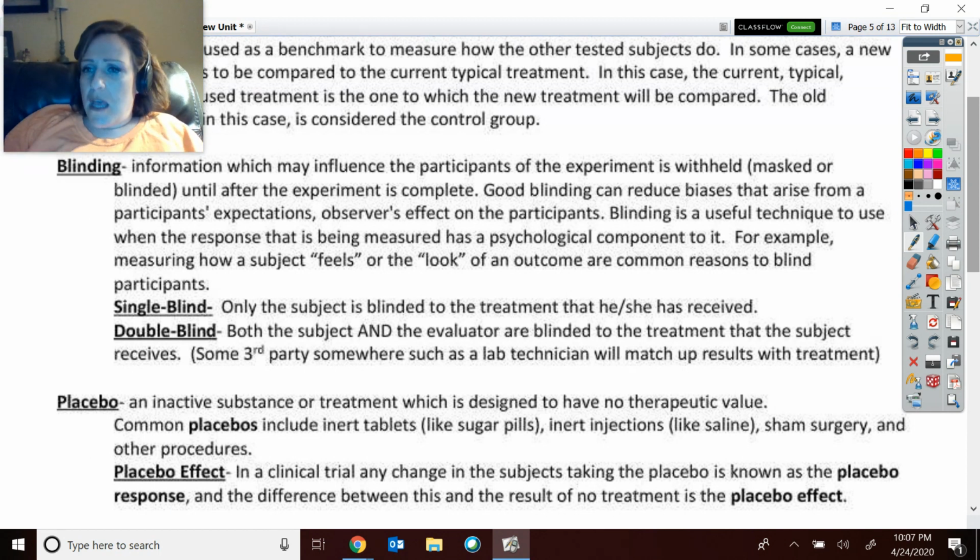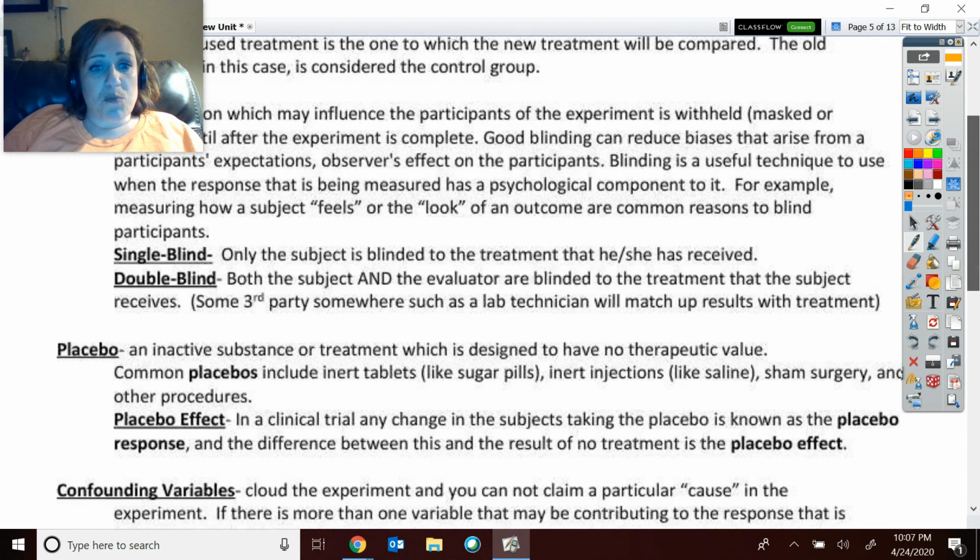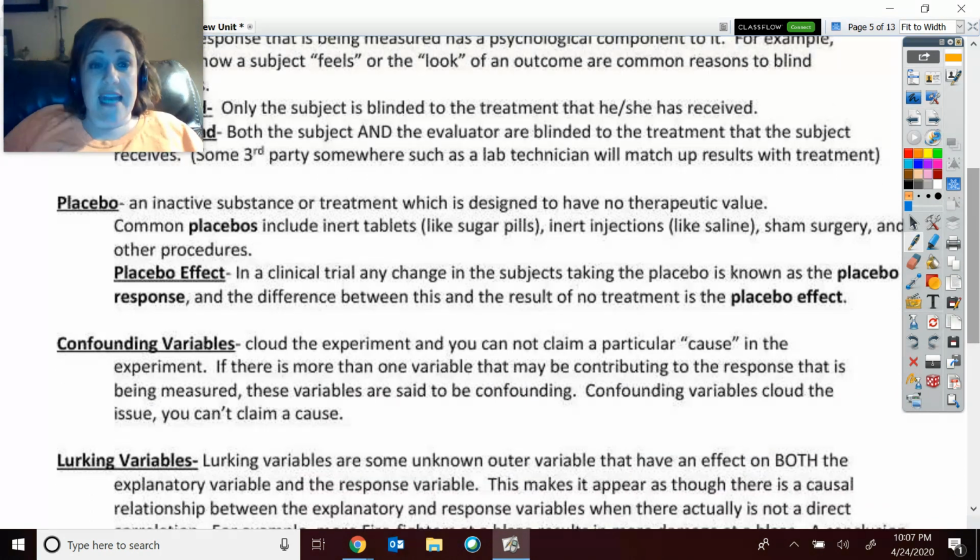Okay? All right. You know that those placebos are those fake inactive substances like the sugar pill, a saline injection if the medicine was done that way, a placebo surgery, we had that article about, other procedures. Okay. That placebo effect is that change that's happening from nothing to thinking you're taking something.